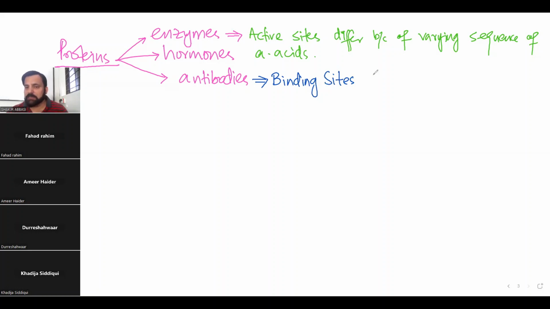Binding sites of antibodies differ because of the varying sequence of amino acids.